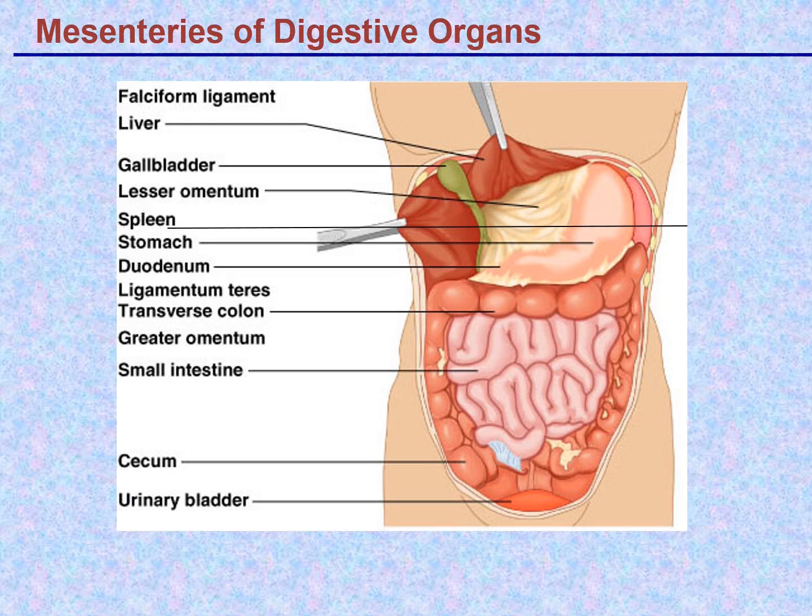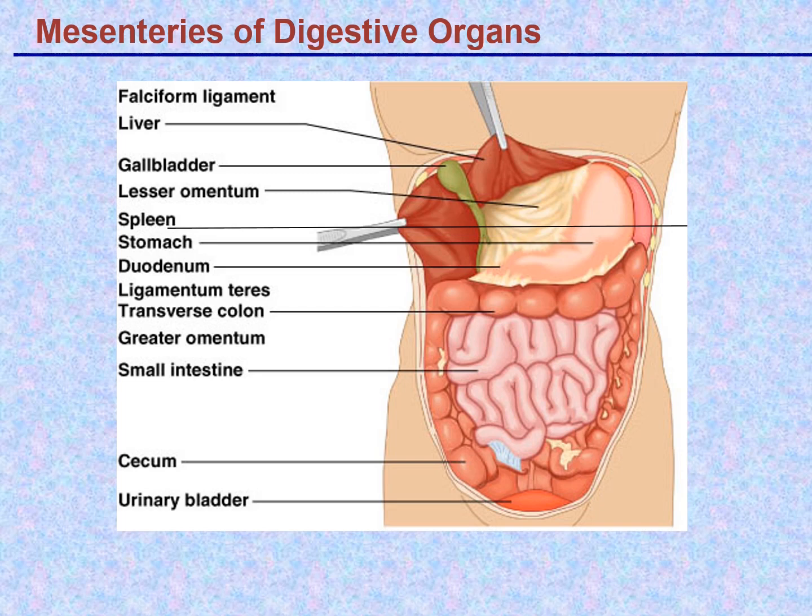The mesentery is, as you should know by now, made from a folded over double layer of visceral peritoneum, and is what the organs are hanging off of. So all of the digestive organs in the gut actually are attached to a mesentery.